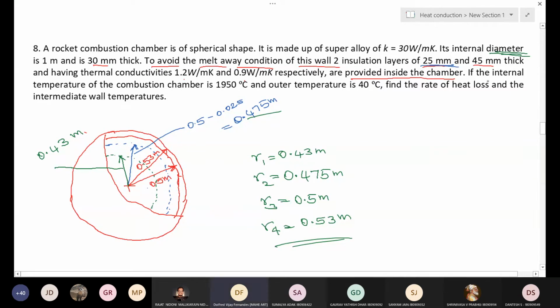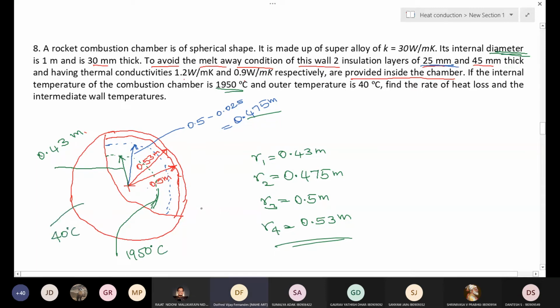Now, the internal temperature of the combustion chamber, the highest temperature, is taken on the wall insulation. The temperature is 1950 degrees centigrade, and the outside temperature is 40 degrees centigrade.